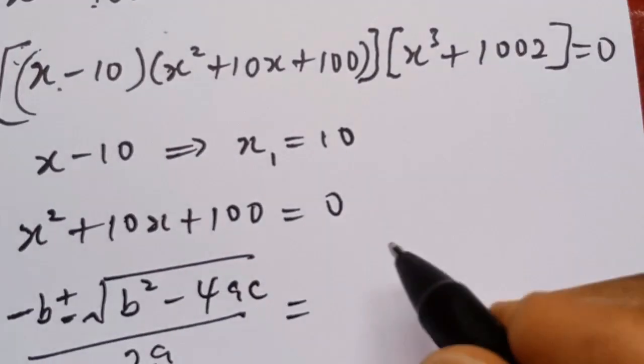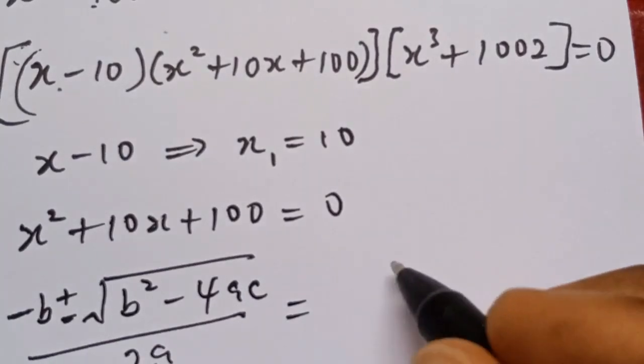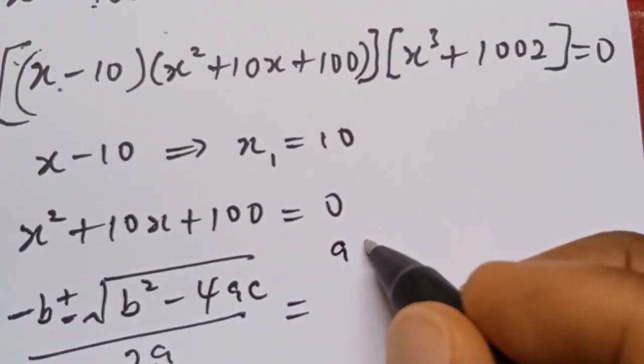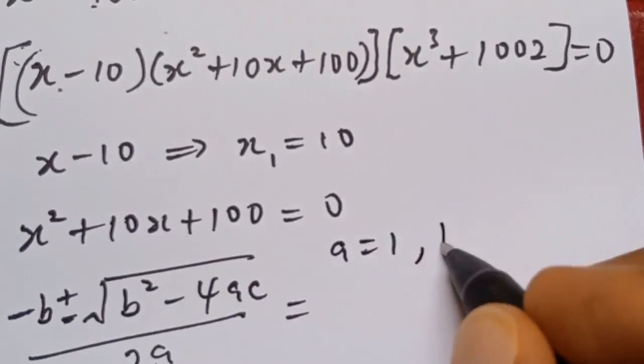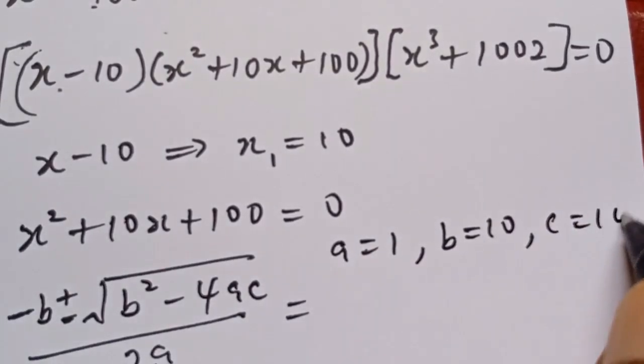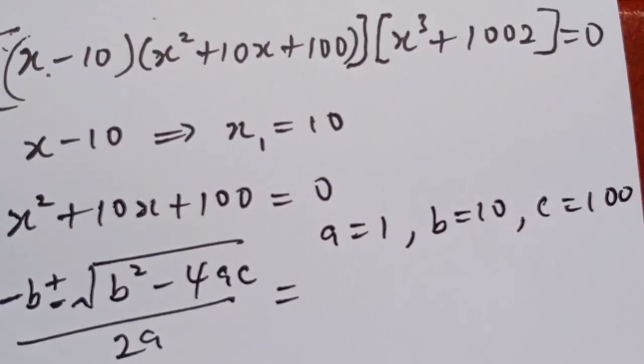So here we have a equals 1, b equals 10, then c equals 100. Okay, so we then input that into the equation.